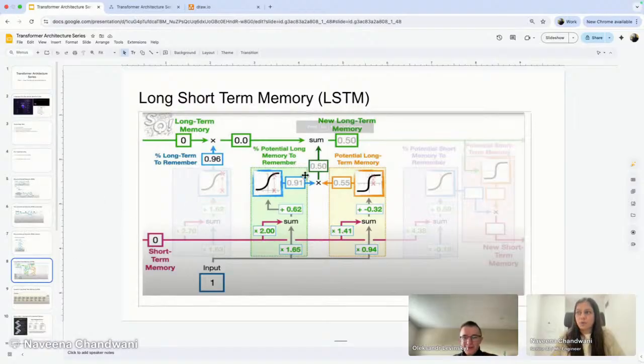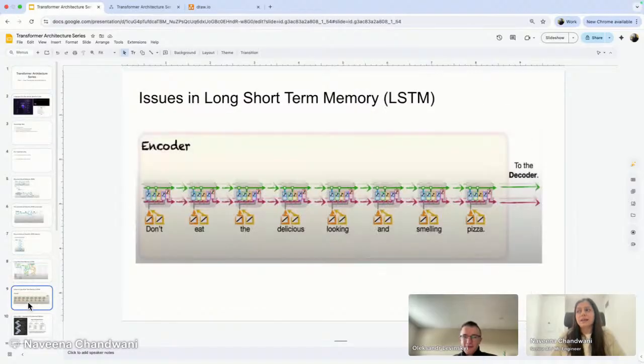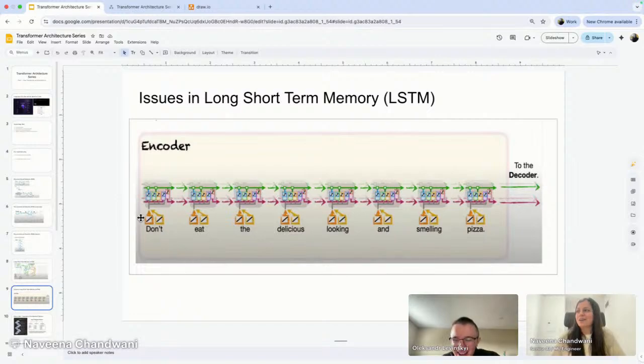Okay, now that we know what one unit looks like, let's stack them up together. This is how each word will be passed through an LSTM unit, and we could use multiple units for each word, like we see grayed out here at the back.